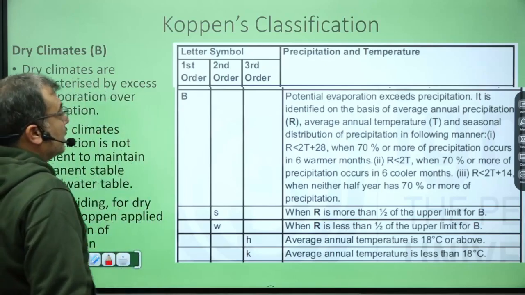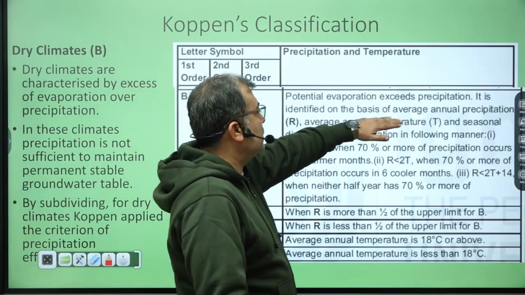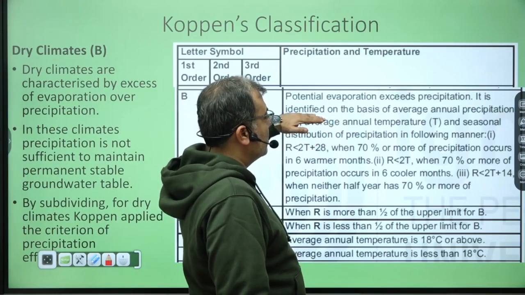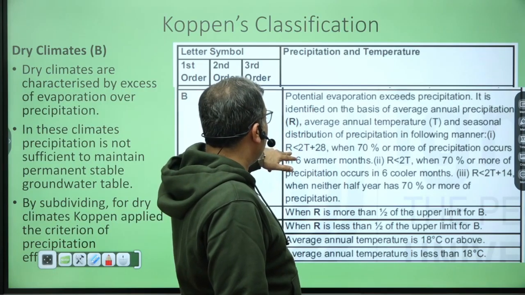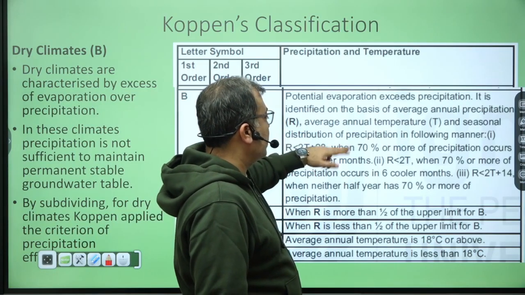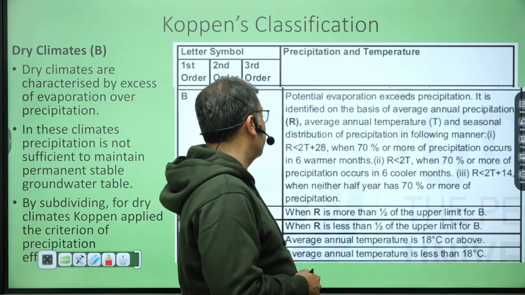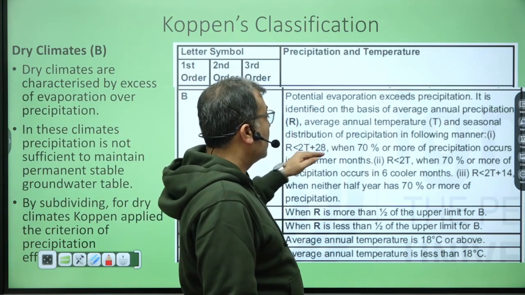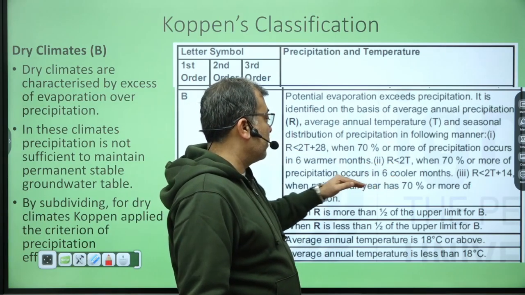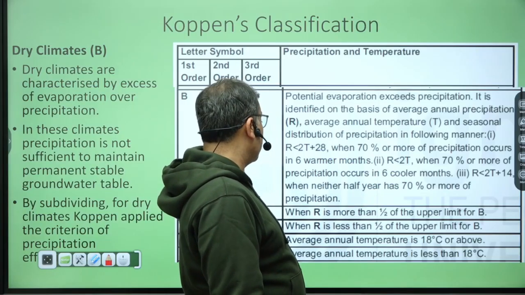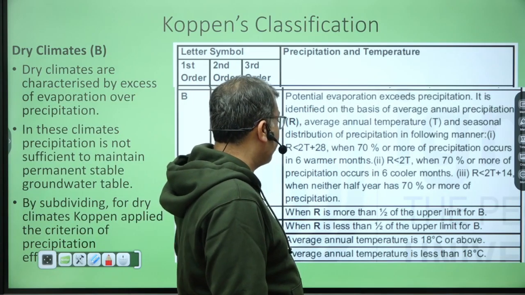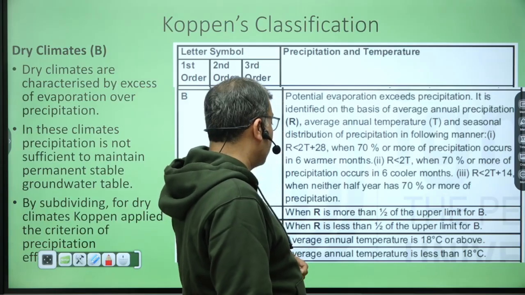So what did he do? Potential evapotranspiration exceeds precipitation. It is identified on the basis of annual rainfall. First is R less than 2T plus 28 when 70% or more of precipitation occurs in the 6 warmer months. R is less than 2T if it is in the 6 cooler months, and R is less than 2T plus 14 if neither half has 70% or more.